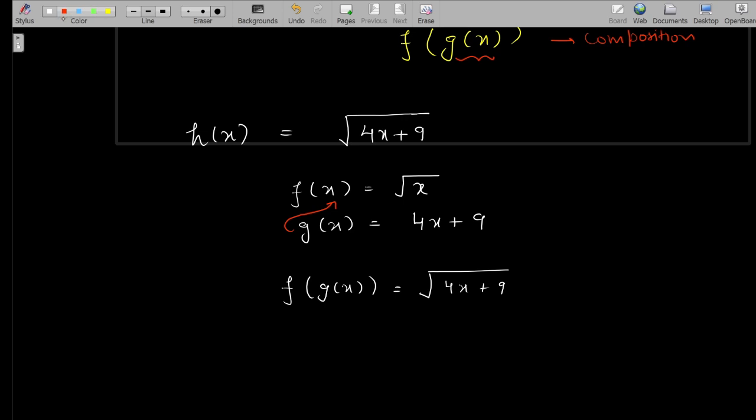Okay. So how do we differentiate such a function? It's very simple. First, you will differentiate the outer function. So first you will differentiate f, okay, and g of x will be inside.